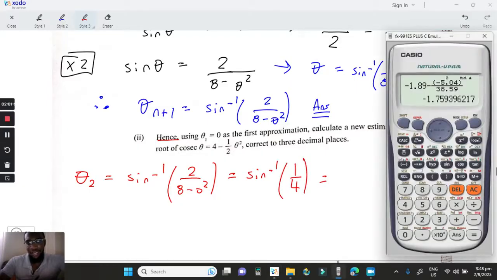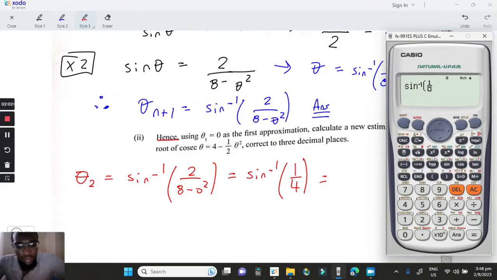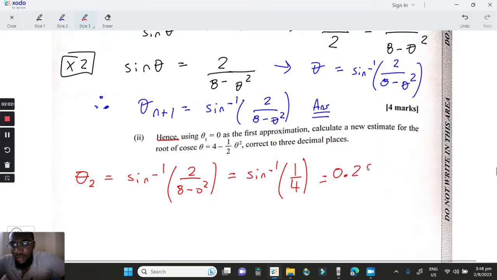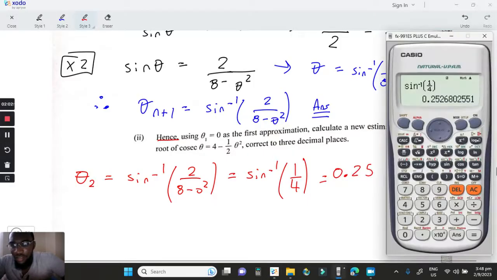I'll put that in the calculator. They want degrees or radians. They didn't say, so it's radians. Sine inverse of a quarter gives 0.25268.